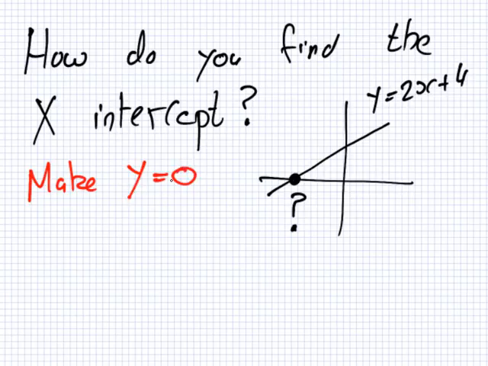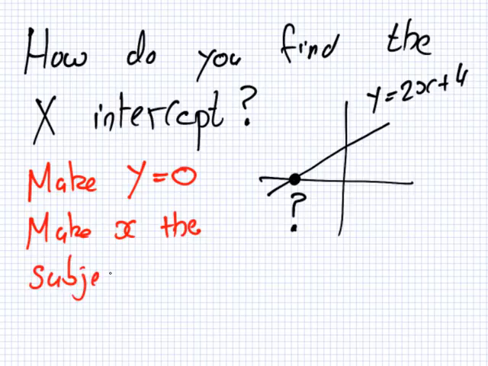So let's try. You make y 0. 2x plus 4 equals 0. And then you make x the subject. So you get 2x equals minus 4. So x equals minus 2. You see here, make x the subject. There's a verb for this. It means solve. Do you know this verb?